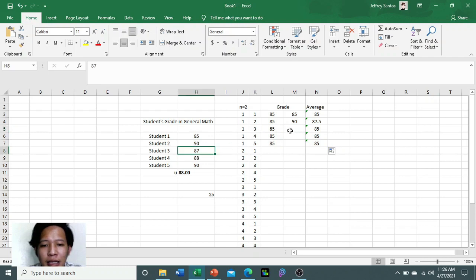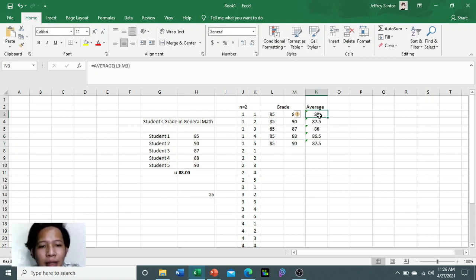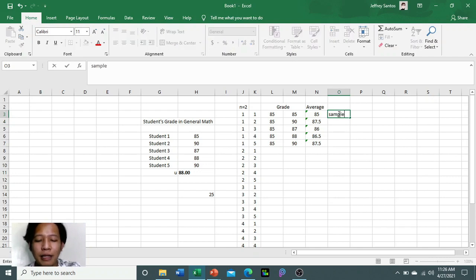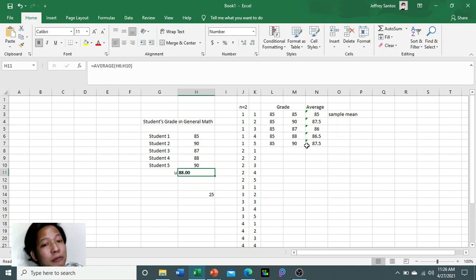Student 3 is 87. So we have here 87. And then student 4 is 88 and student 5 is 90. So these averages are what we call the sample mean. Now, we will check if the sample mean is close to our population mean, which is 88.